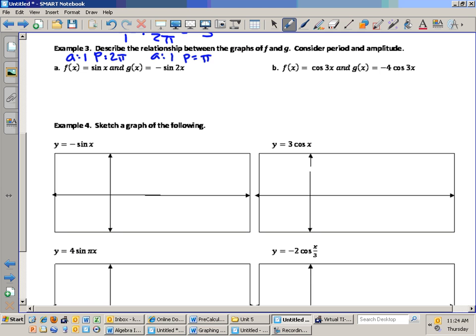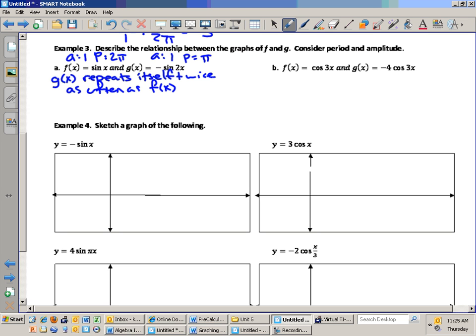It repeats itself twice as often, right? So we would say g of x repeats itself twice as often as f of x.